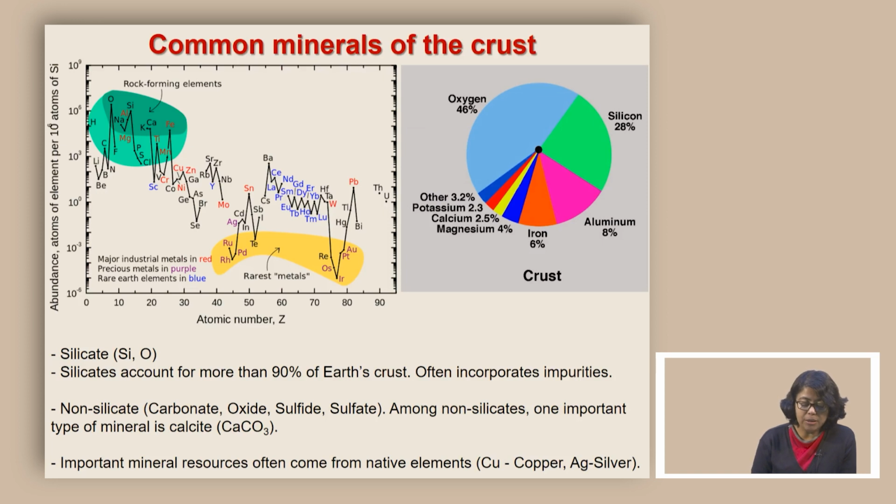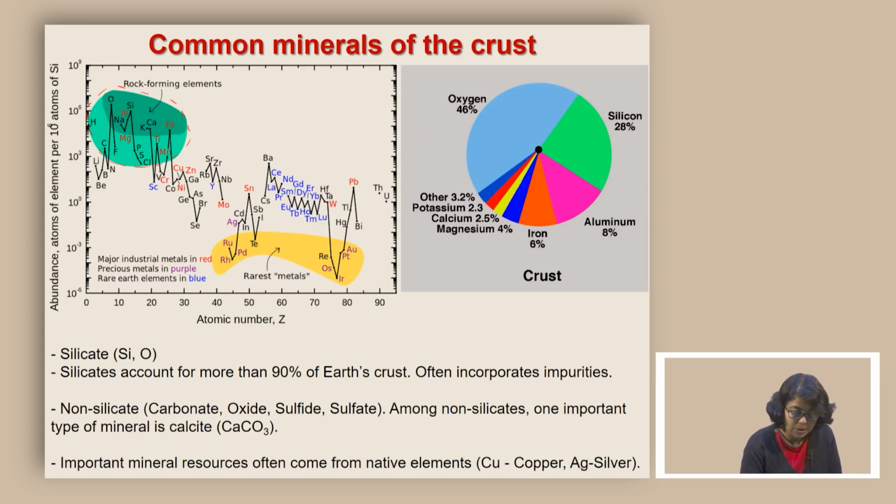If we do that, we will find these variations of elements, which are generally called the rock forming elements, which include oxygen, sodium, aluminium, silica, potassium, calcium, iron, and so on. Because they are really common in the crust, they are also the most important rock forming minerals that we find on the crust.